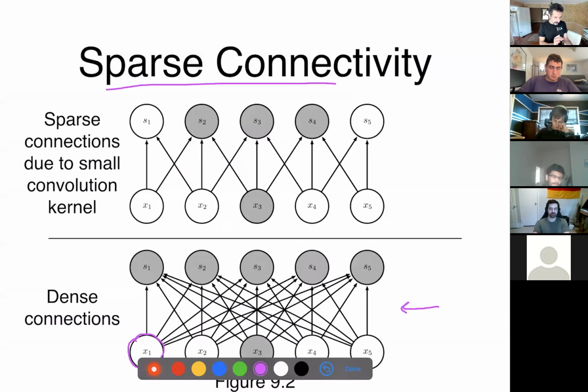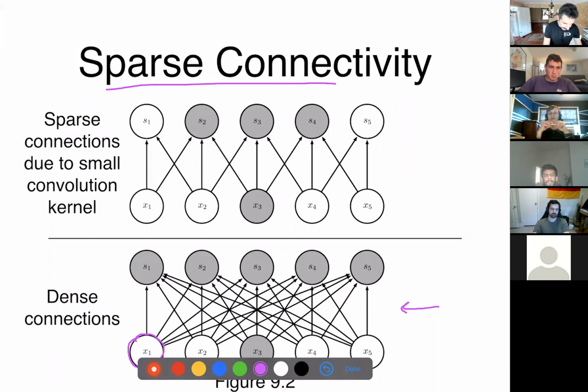It means that, for example, it really depends how you want to interpret things, right? So, for example, this little guy, this X3, affects S1, S2, S3, S4, S5, right?